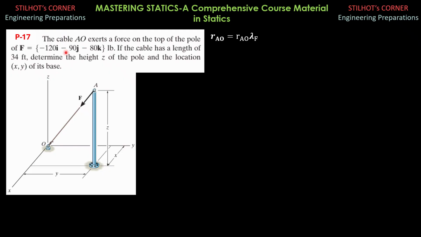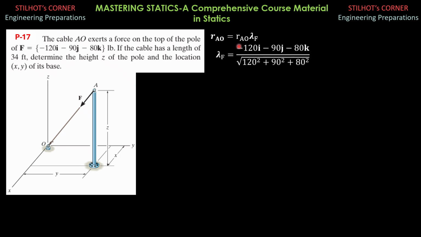The unit vector of F is negative 120i minus 90j minus 80k over the square root of 120 squared plus 90 squared plus 80 squared. Remember that the unit vector is equal to the vector itself divided by its magnitude, so the vector is equal to the unit vector times its magnitude.